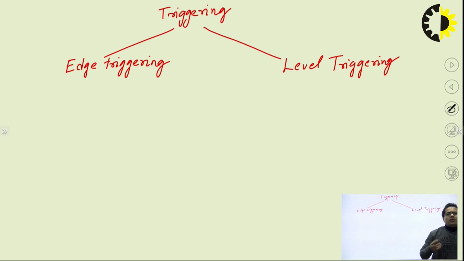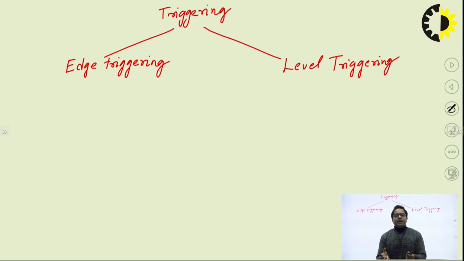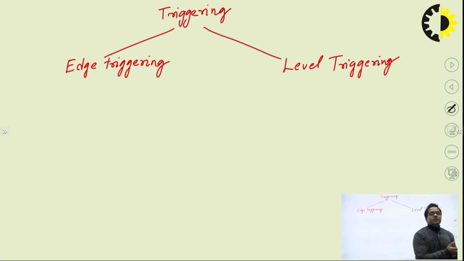Now why do we require these triggerings? We as human beings know the importance of time, but a machine like a microprocessor doesn't know the importance of time. It will not respond to the input signal or to the command if you are not providing a clock. The clock tells the machine or the processor that you have to change your state.